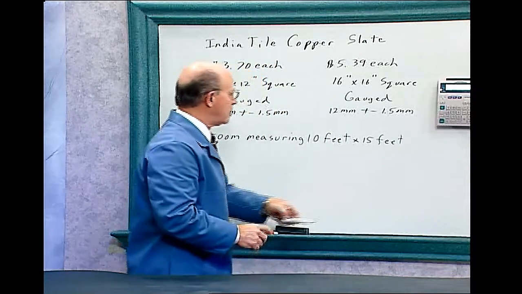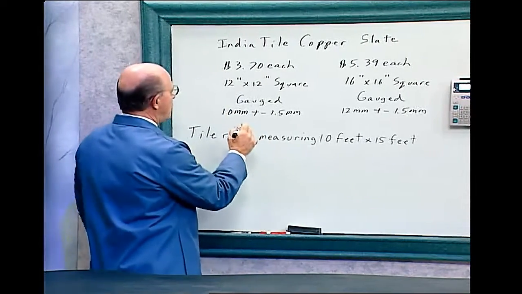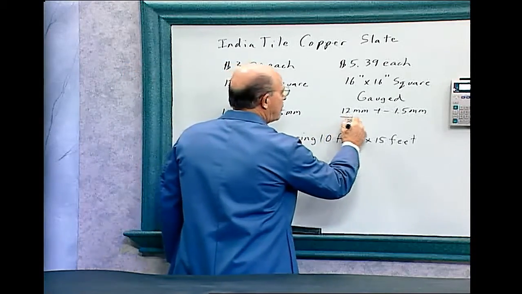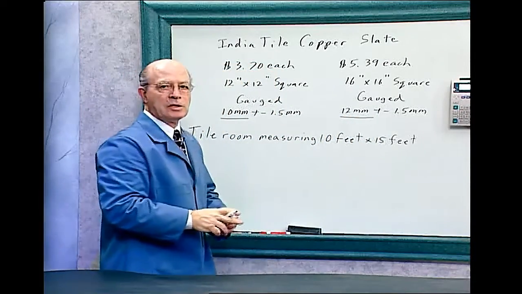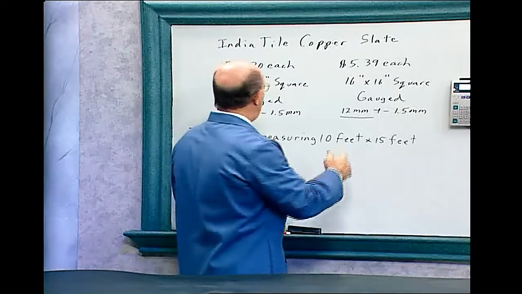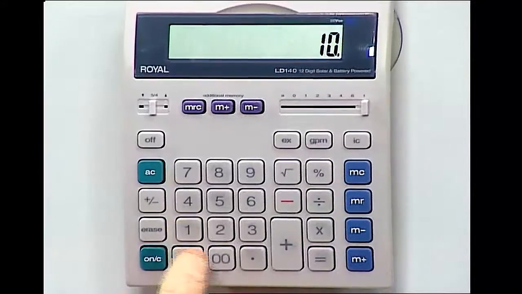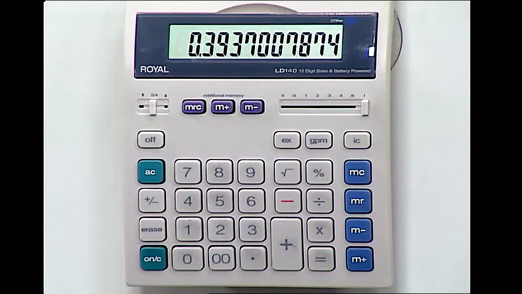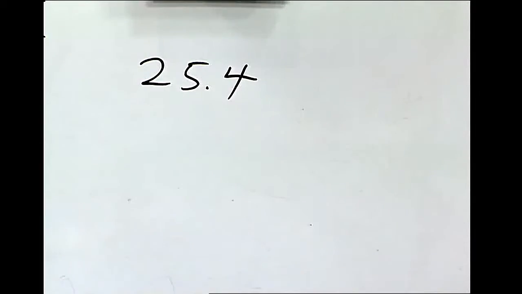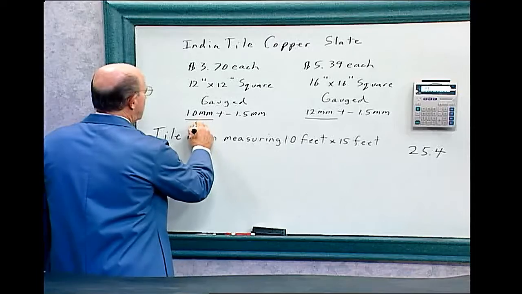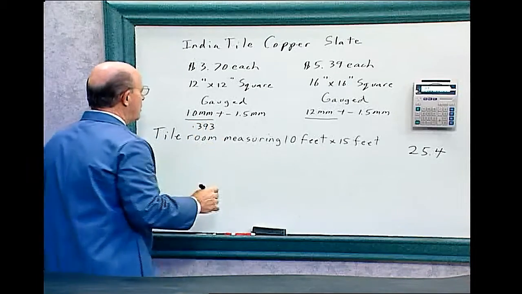But before we do the math, I want you to notice that one is 10 millimeters thick and the other one is 12 millimeters. There's a number that we can use to convert millimeters into inches, and that is 25.4. So 10 divided by 25.4 equals 0.393 inches.